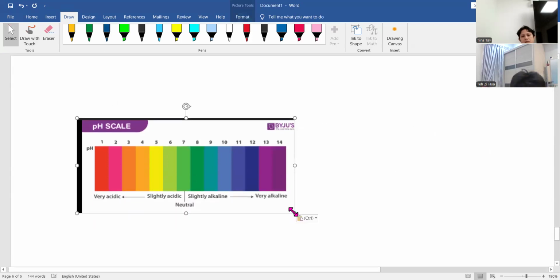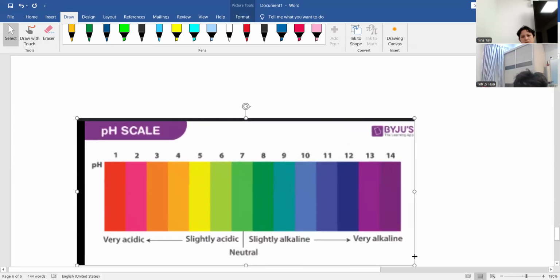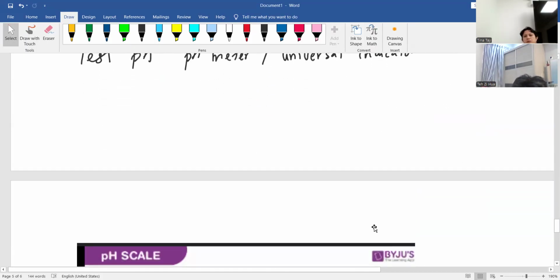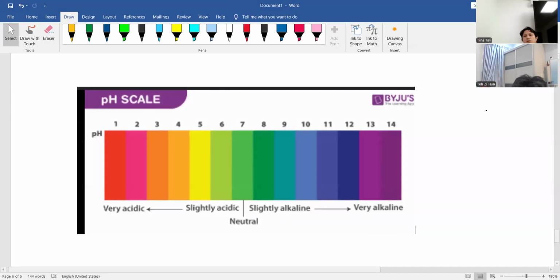See? The whole spectrum of colors. Can you see this color change? So universal indicator can only be used to test pH.